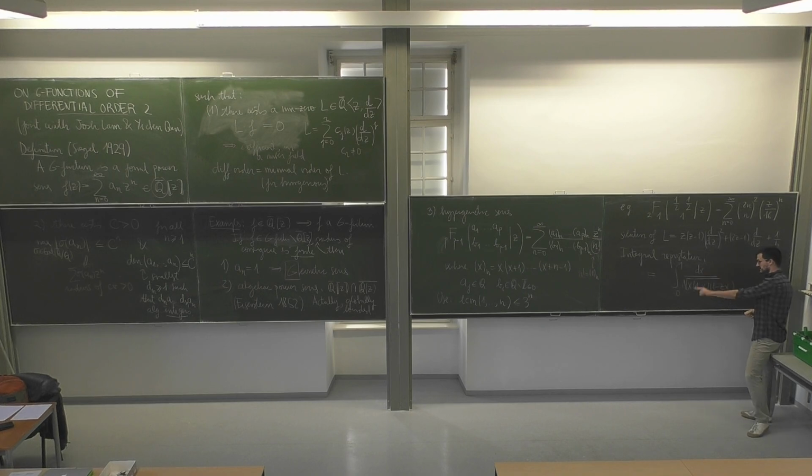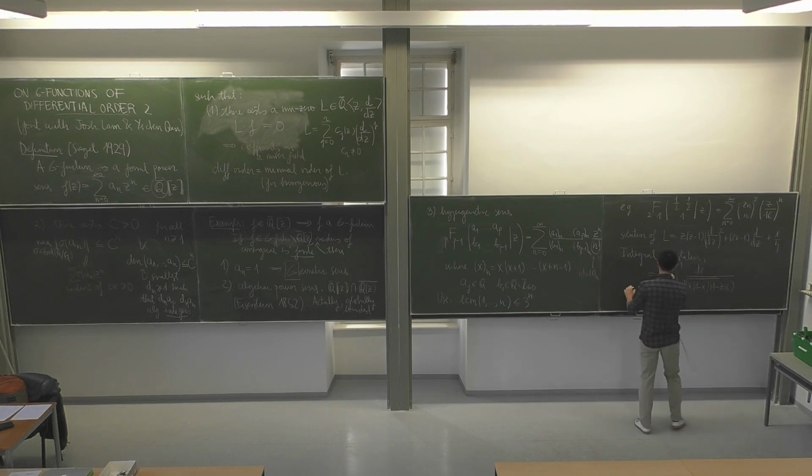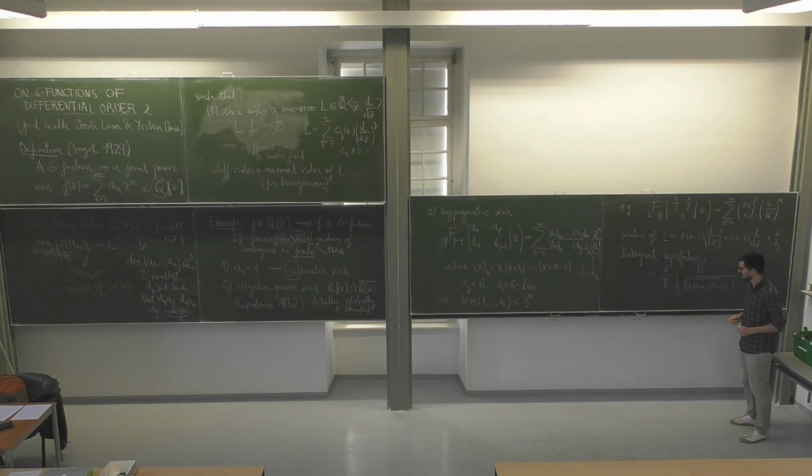You integrate 1 over the square root of this function, except that if you set z equal to 0, then here you find this integral, and here you find 1. So it cannot be literally equal. You need to divide by the value of this integral. The value of this integral is pi. So actually, the correct formula is 1 over pi times this. This will come back again. It's quite important.